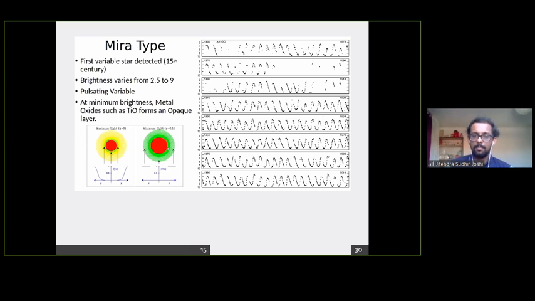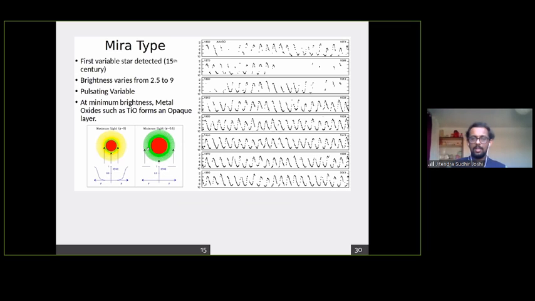And once the core again starts producing energy, this opaque layer decreases the temperature, and as the temperature of the star decreases, the nuclear reaction will also decrease.